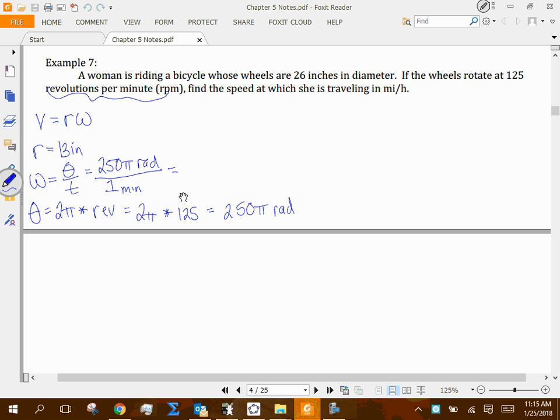Okay. So now we know our radius and we now know omega, right? Can I plug those things into that linear velocity formula? Can I come up here and say radius is 13 inches times then omega, which is 250 pi radians per 1 minute?